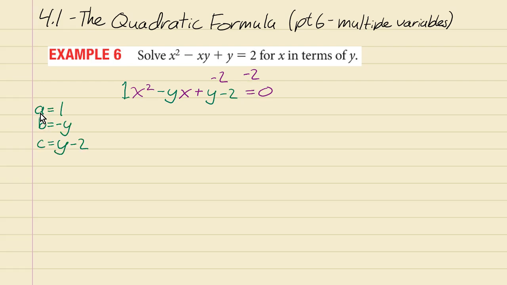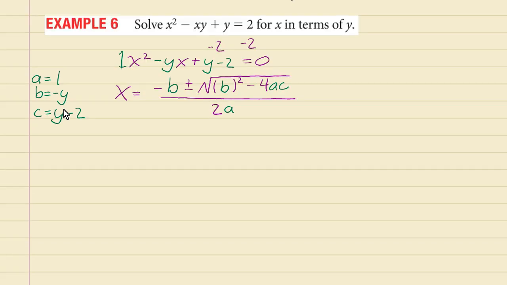So we're going to plug these things into the quadratic formula as if they're just regular old numbers. So here I just wrote out the quadratic formula, and I'm just going to replace the A, B, and C in here with 1, negative y, and y minus 2. So negative b is going to be negative y.